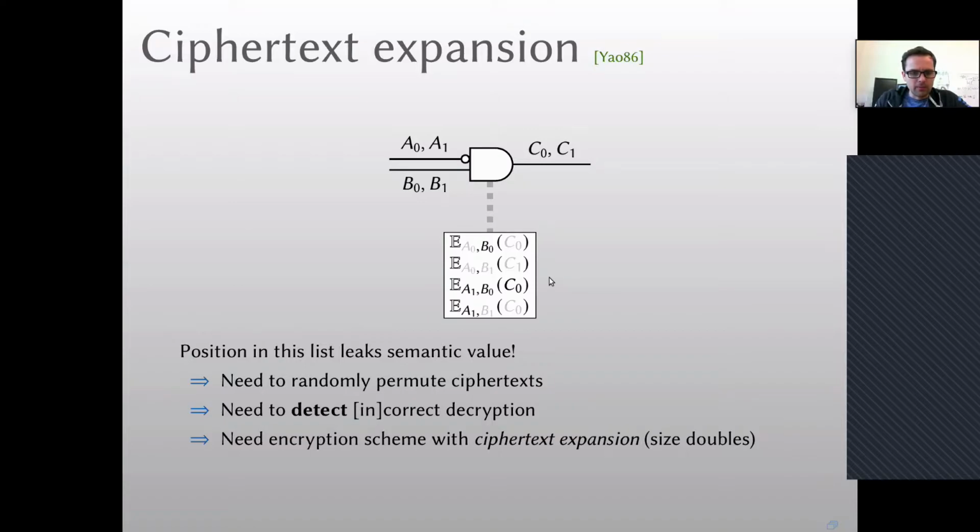Okay. Why does this have anything to do with the size of the garbled circuit? It's because you need a ciphertext that has some redundancy in it. So you need a way to detect whether decryption succeeds or fails. You won't be able to tell that just by looking at the output, right? Even if decryption is successful, you will learn a wire label, which is some random string.